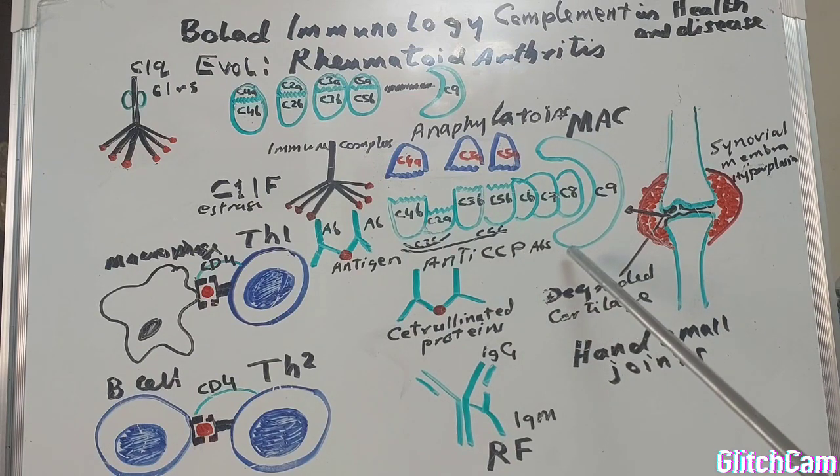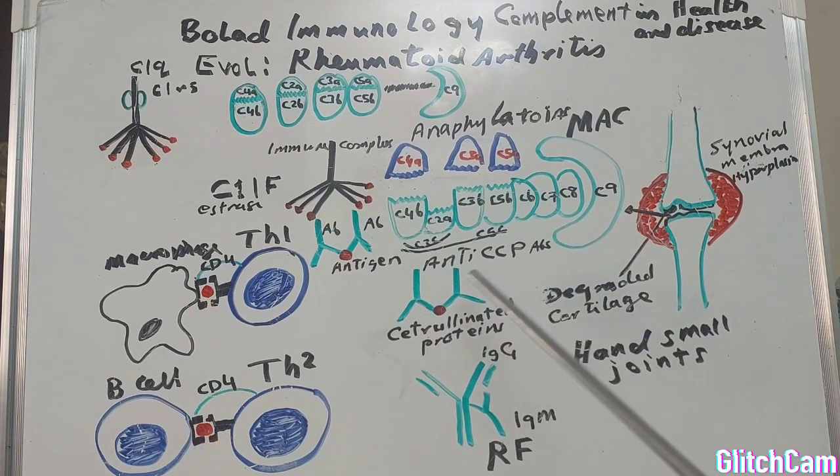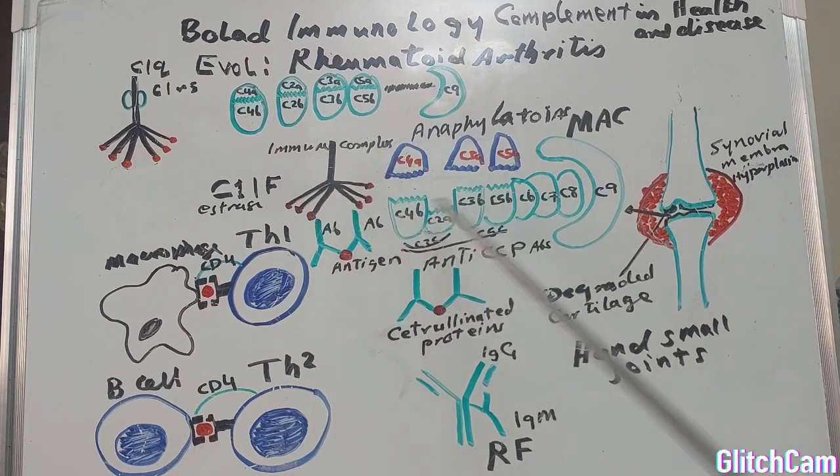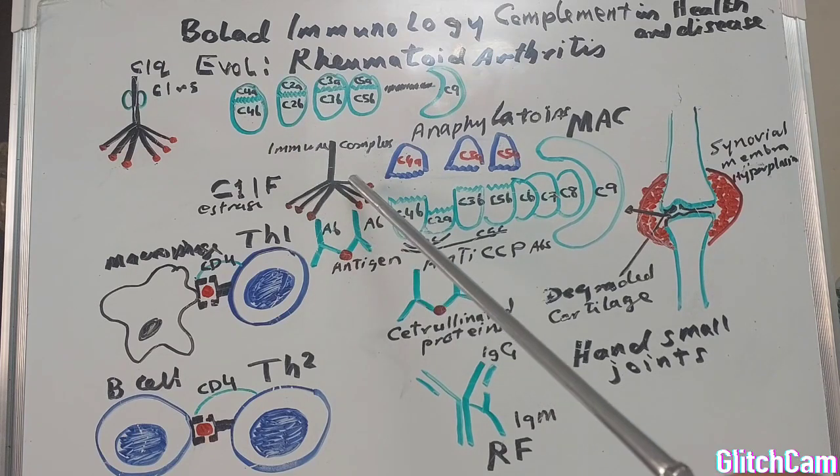And here, as can be seen, the immune complex is formed from anti-CCP or anti-cyclic citrullinated peptide antibodies. So when they encounter these citrullinated proteins, they bind to them, and this will lead to formation of the immune complex, and the formation of immune complex will lead to activation of the complement component, and this activation actually starts by activating complement component 1.